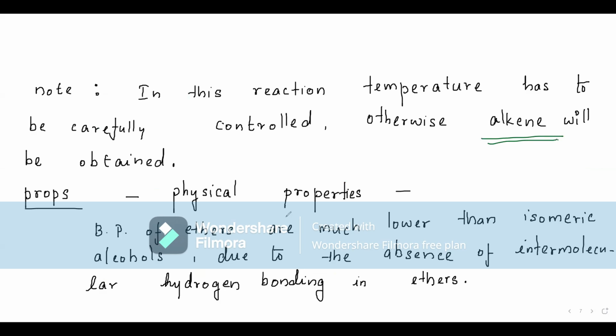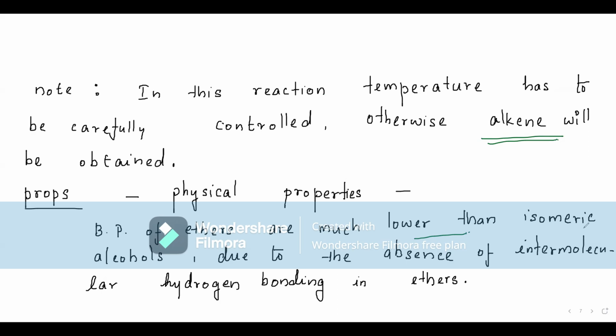Now, physical properties of ether. Boiling points of ethers are much lower than the corresponding isomeric alcohols. So when you compare an ether and an alcohol which have the same molecular formula, ether has the lower boiling point.